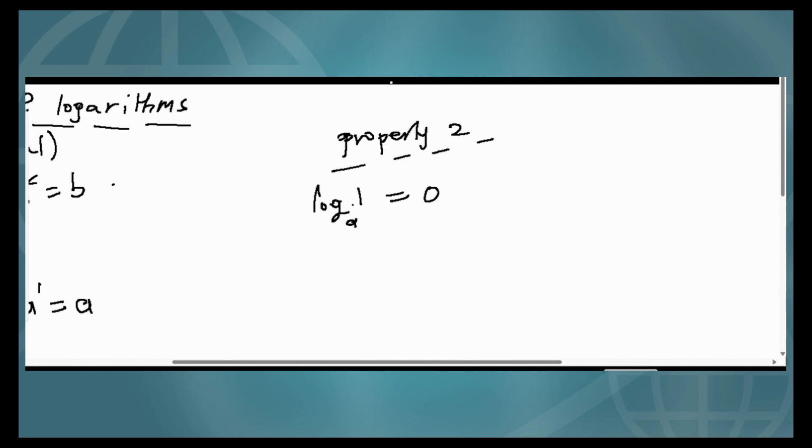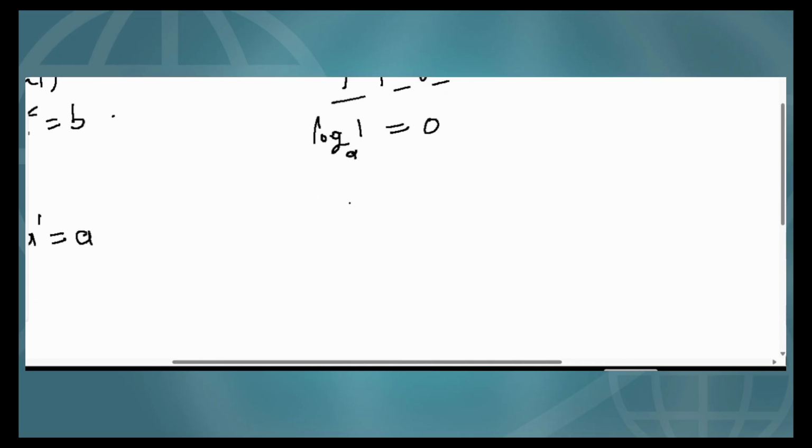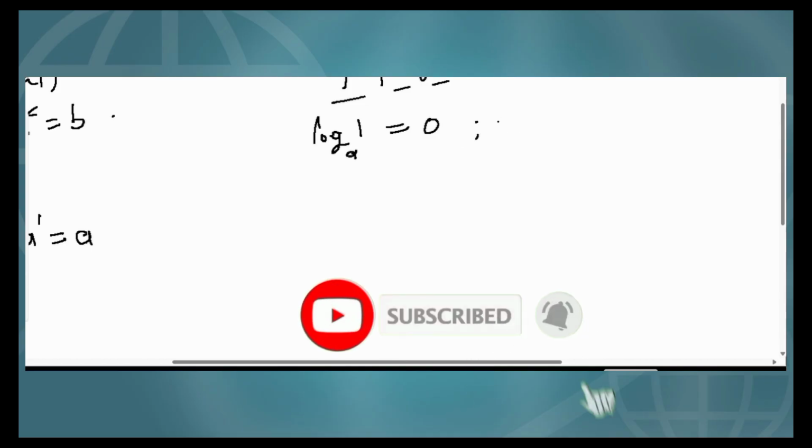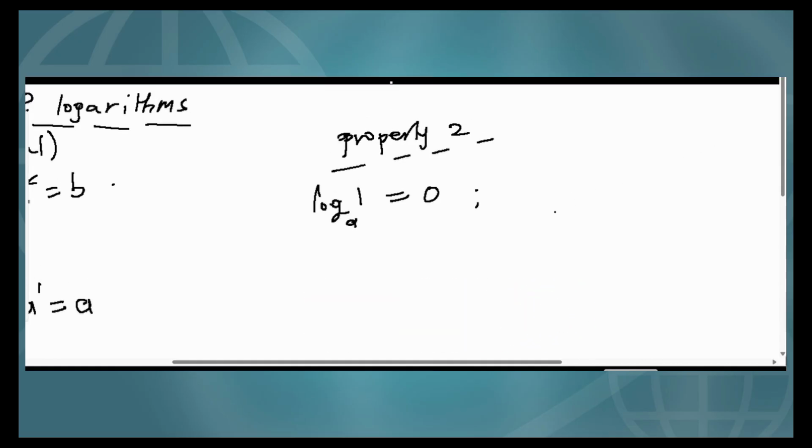The logarithm of 1 to any base is 0. So it is a rule, and we have nothing more to say about that. And this rule is true as well by the definition, just as we did earlier on.